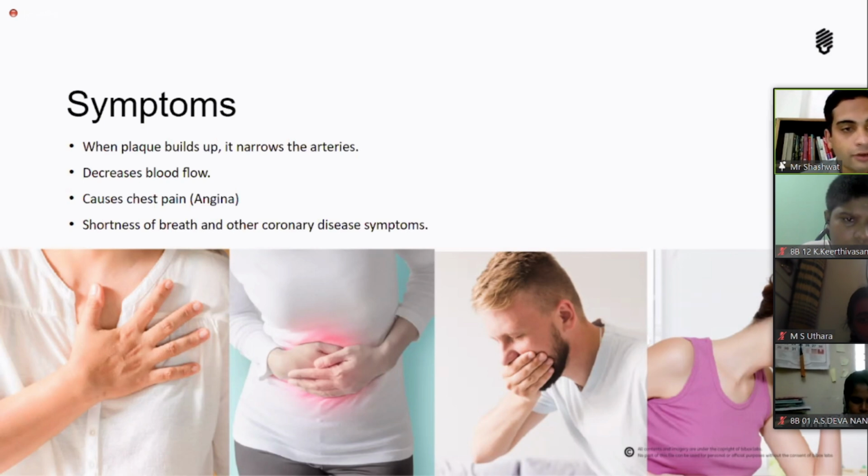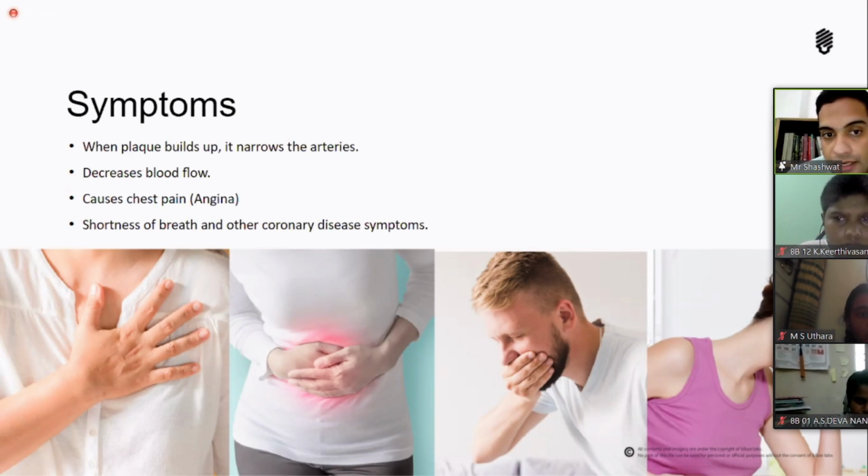All right. So what are the symptoms of a clogged artery? When the plaque gets built up, it narrows the arteries. As you see in the pictures in the previous slides, when there is plaque buildup inside the arteries, it narrows down the walls of the artery. What it does is it decreases blood flow.